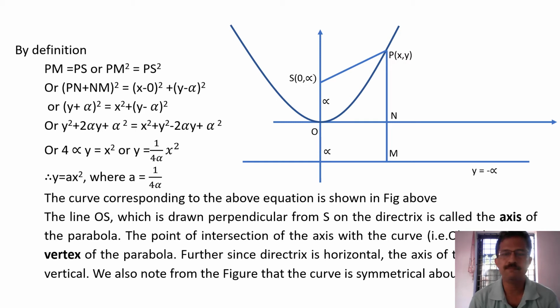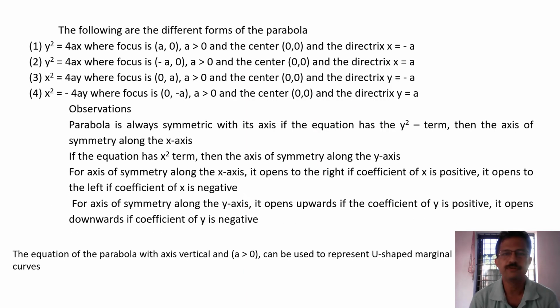The line perpendicular to the directrix and passing through the vertex is called the axis of the parabola. Since the axis is vertical, the directrix is horizontal. And another point is that this curve is symmetrical about the y-axis. Now there are other forms of equations of parabola.